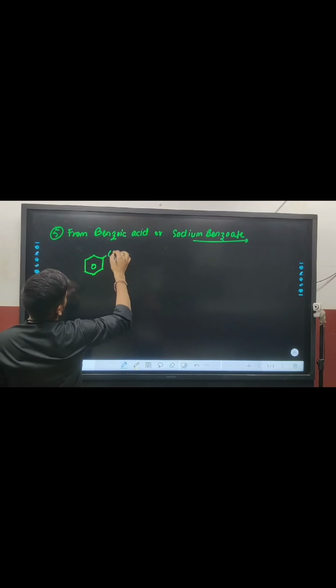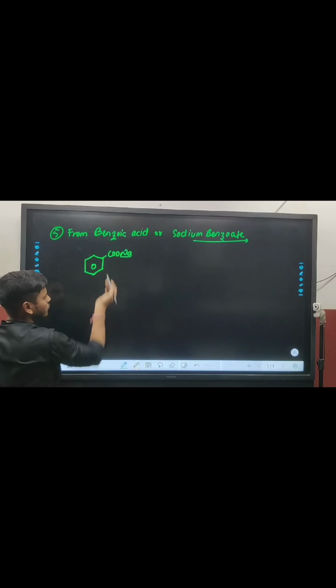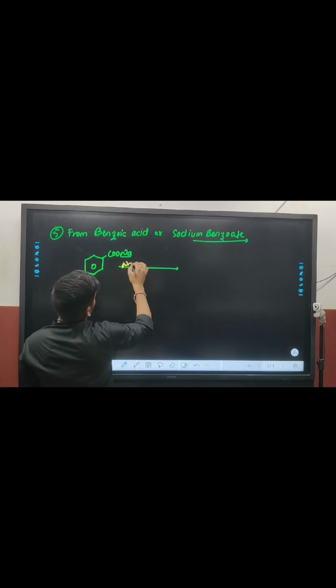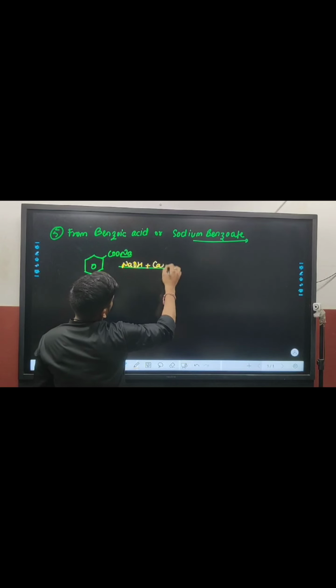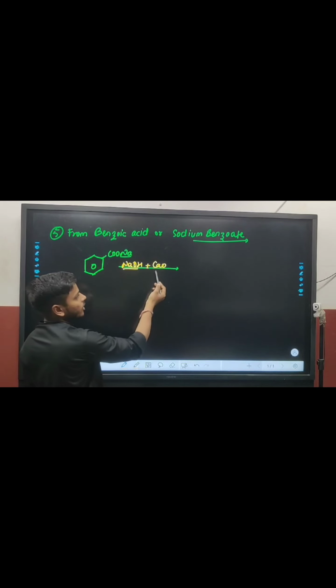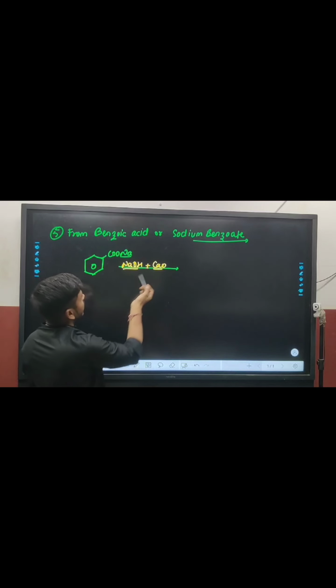I will take sodium benzoate, C6H5COONa. We add the reagent NaOH plus CaO. This is soda lime. We know very well NaOH is caustic soda and CaO is quicklime, so we call it soda lime.